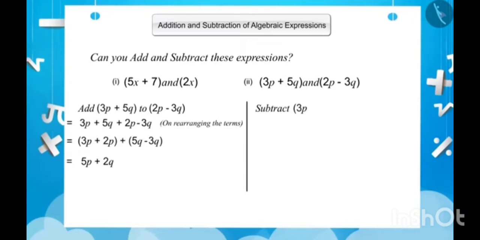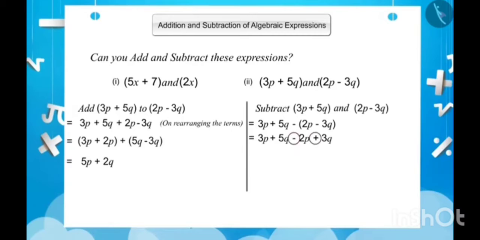Subtraction of 3p plus 5q and 2p minus 3q. Here, we will bring the terms out of the brackets. As we know that in subtraction, while eliminating the brackets, the sign of those terms inside the bracket changes. 3p plus 5q minus 2p plus 3q.